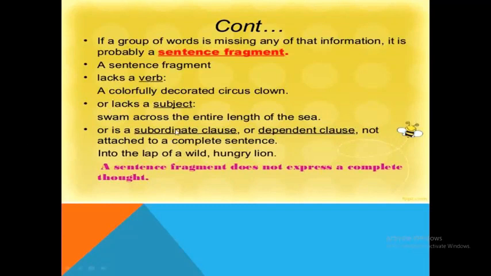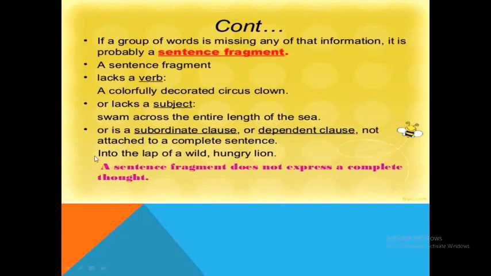The main clause is missing, and only another clause of the sentence is present, which cannot give any meaning on its own. That is a subordinate clause, or we also call it a dependent clause, not attached to a complete sentence.